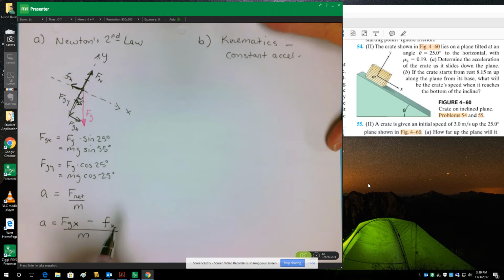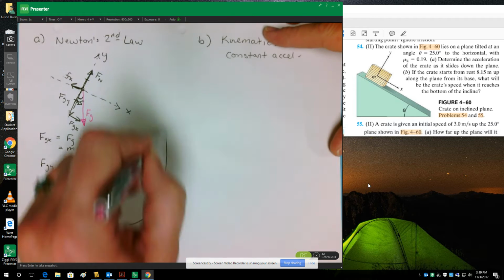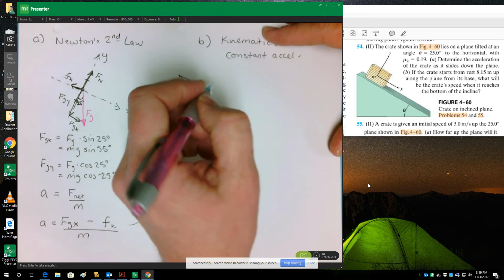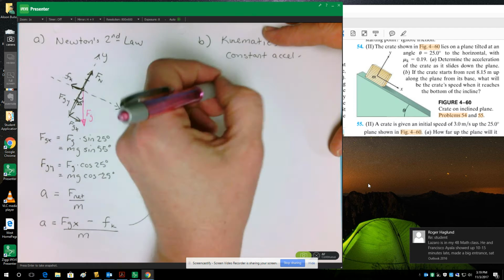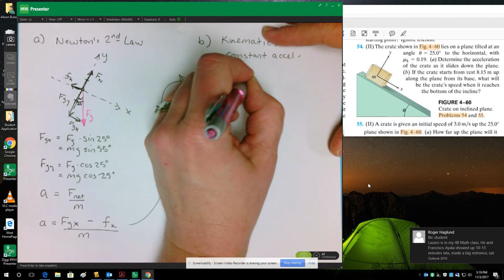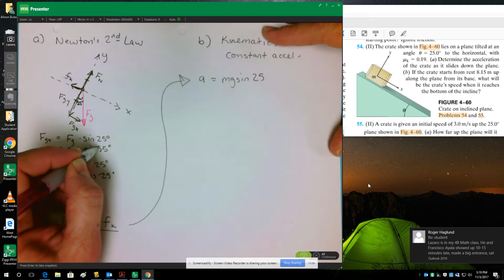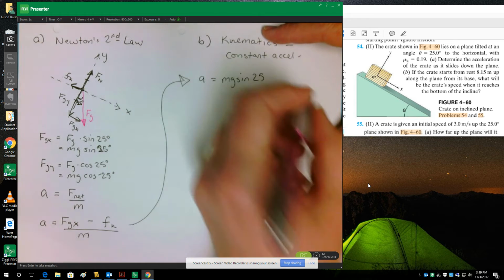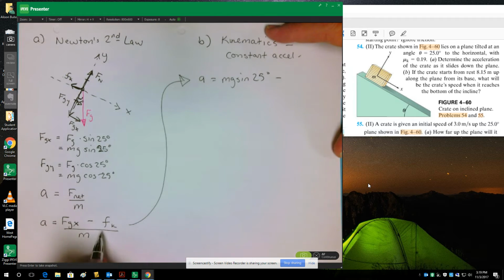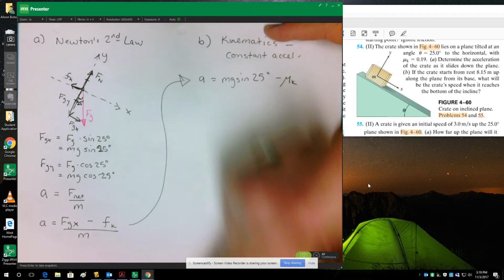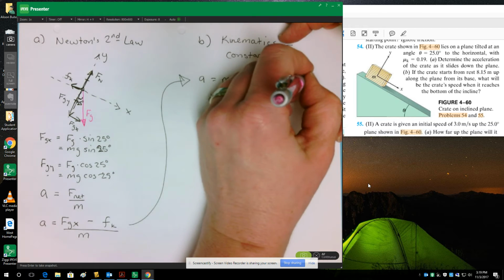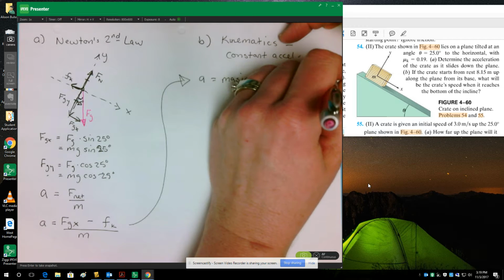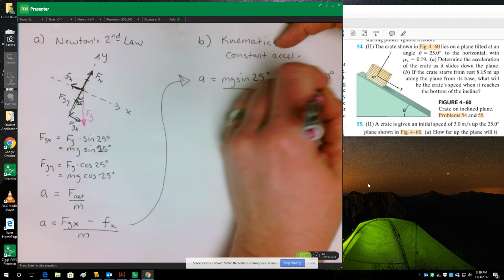So I'm going to have to take part B somewhere else. I need more room. So we've got the acceleration equal to the x component of gravity, mg sine 25. I see that I wrote 55, but that should have been a 25. Minus mu sub k times normal force, but normal force is FGY, so mg cosine 25, all divided by mass.